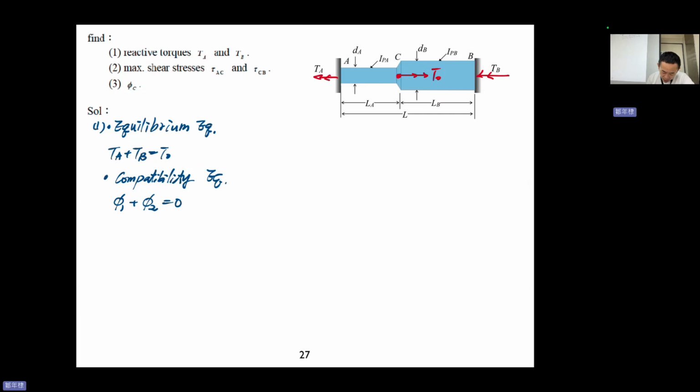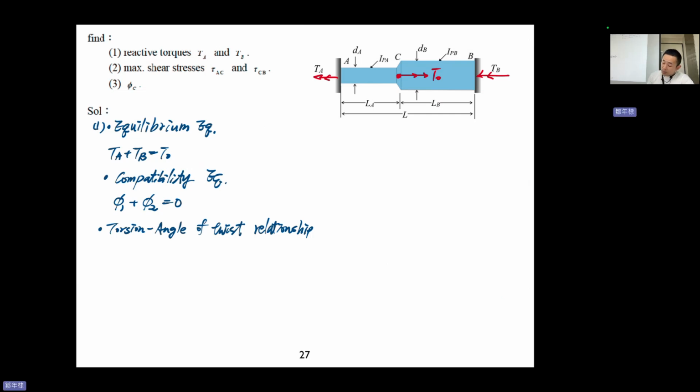Okay, and then the torsion angle of twist relationship. Okay, so, wait a minute.